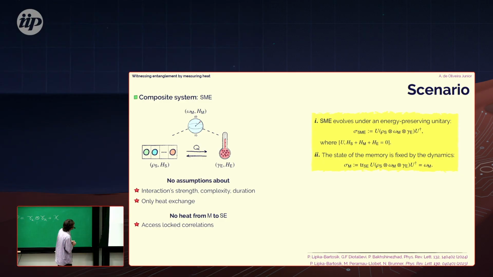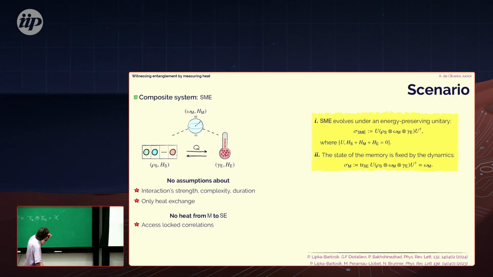I will engineer this memory in such a way that at the very beginning of the transformation and at the end, its state returns precisely to the state that I prepared. So it just acts as a mediator, like a memory. You could ask me why I'm doing this.